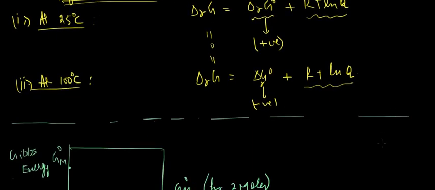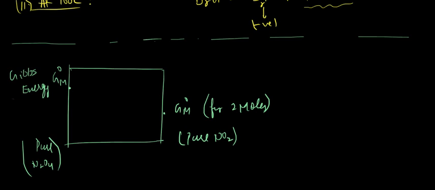Whereas if we have this graph in which, let's say, initially Gm naught of N2O4 was higher, and the graph is something like this, where we have an equilibrium point at point y. So in this case 2 moles of Gm naught of NO2 are lower than 1 mole of Gm naught of pure N2O4. So in this case delta Rg naught would be negative.